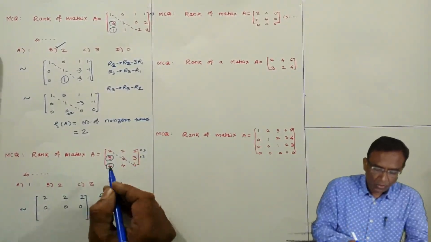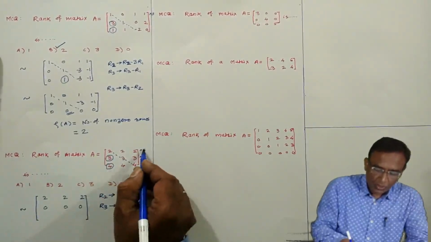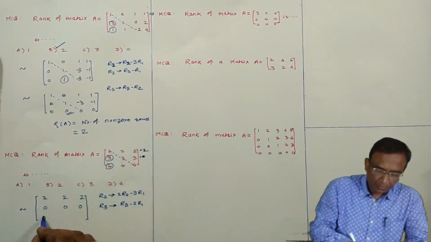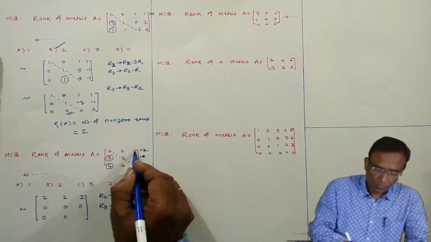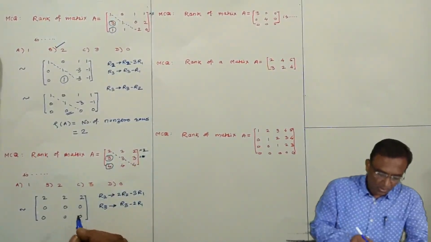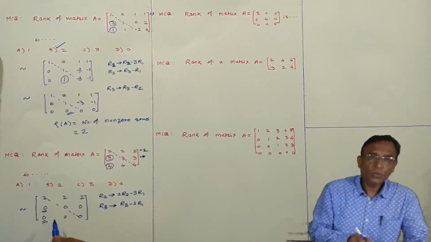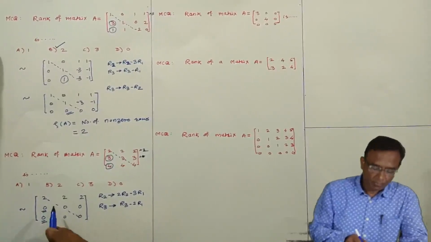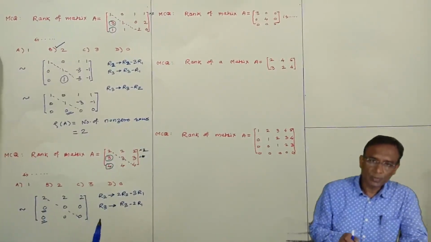Now, I want 0 at this place, R3 minus 2R1. Multiply this by 2, 4 minus 4 is 0, 4 minus 4 is 0, 4 minus 4 is 0. I wanted to bring 0 at these two places and other zeros also appeared. So now in a single step all below-diagonal elements are 0. So no need to work further.